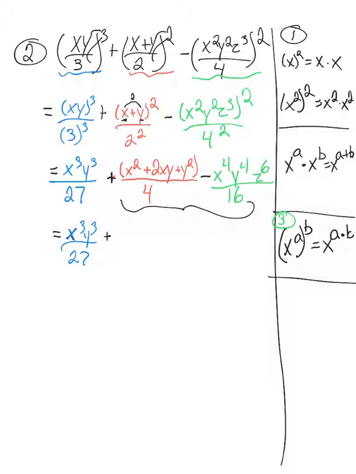Plus, and I'm multiplying now the top and the bottom of the red by 4, so that I can have both of them over 16. I left that 4 in red just so you can understand what I did, because I'm going to now have to distribute the 4 through each.